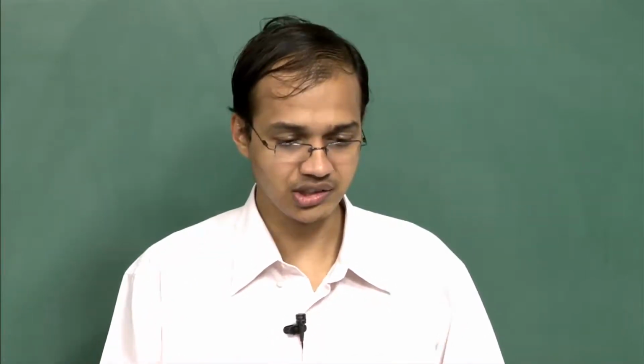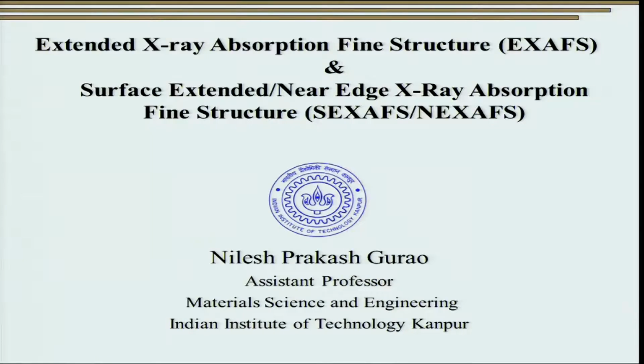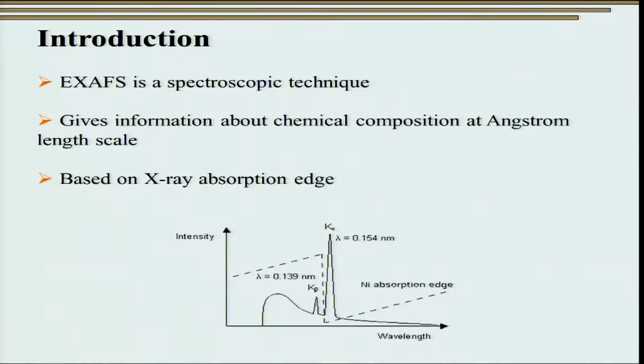So, let us go back and see what exactly we have understood earlier in the course of our earlier lectures. All of us know, and this is something that I emphasized, that extended X-ray absorption fine structures is essentially a spectroscopic technique and it gives us information about the chemical composition.